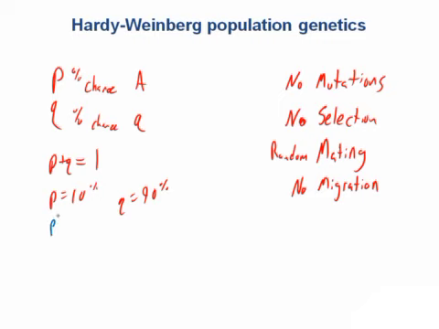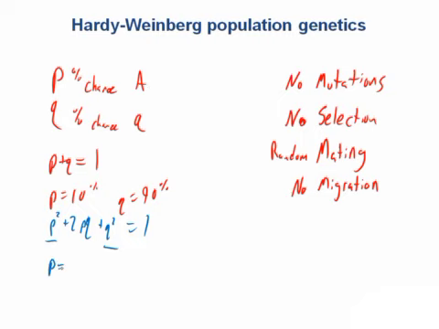So how about this other equation, P squared plus 2PQ plus Q squared equals 1. Let's break it down. P squared and Q squared are the proportions of the population that are homozygous for the P and Q alleles respectively. So if we use the same example as above, if a gene has a 10% chance to have the big A allele, then P is 0.1.